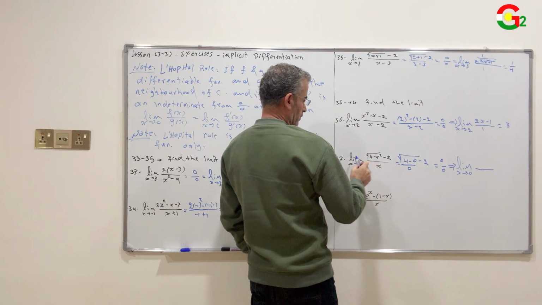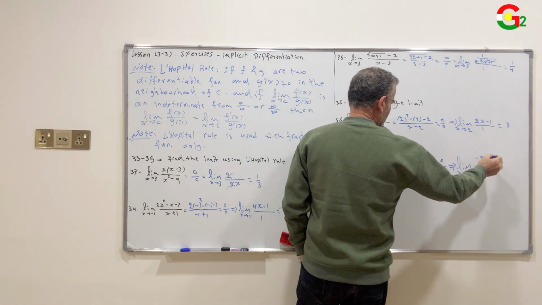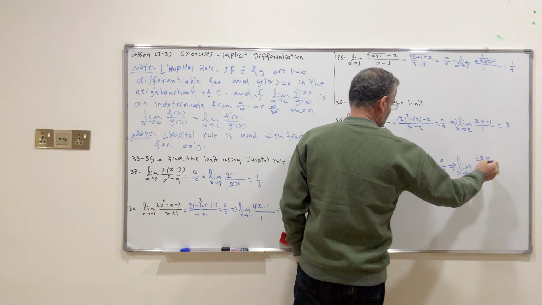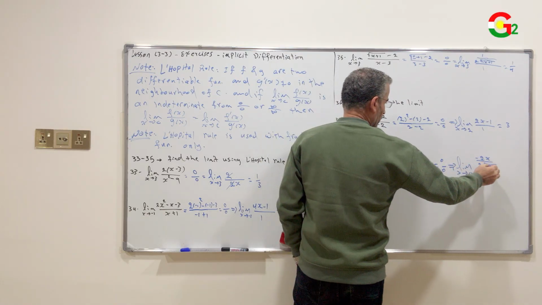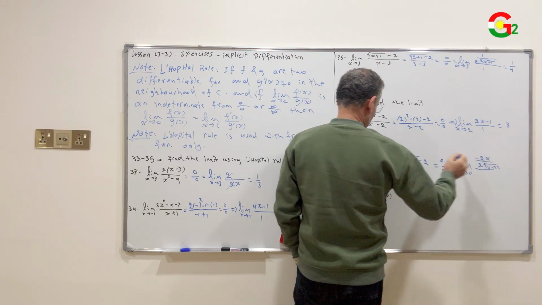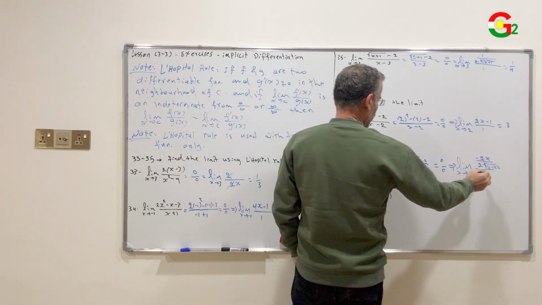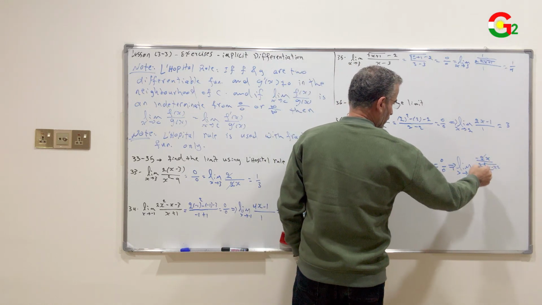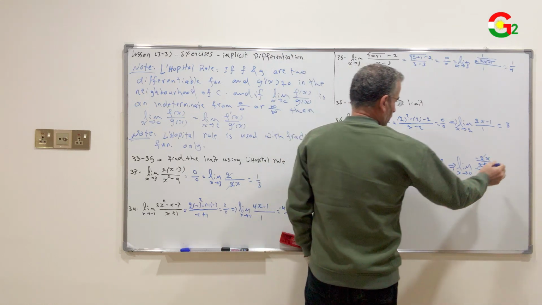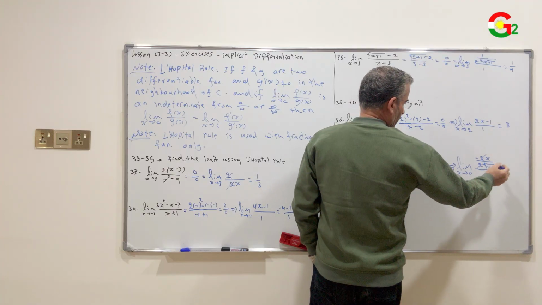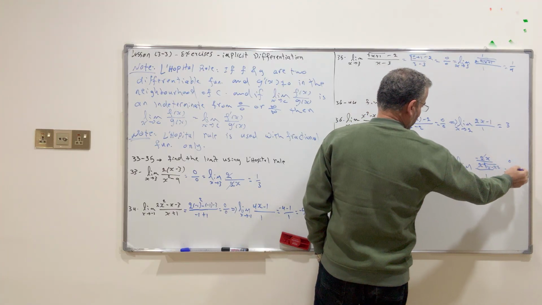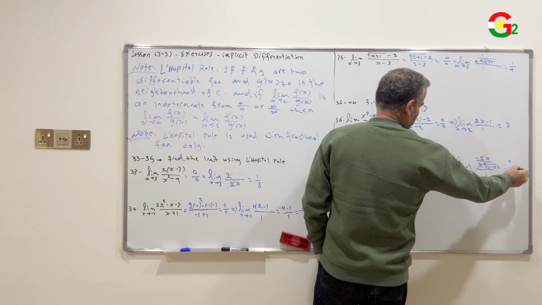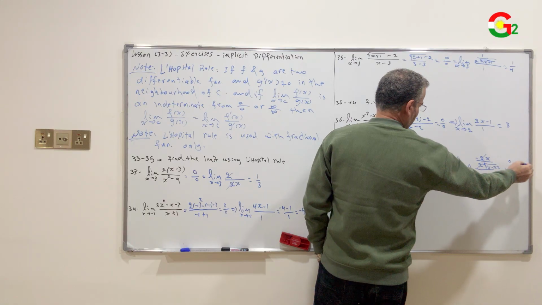Differentiate the root: negative 2x over 2 square root of 4 minus x squared, minus 0 over 1. Reduce 2 with 2, equals 0 over 4 minus 0, 4, square root of 4, 2, equals 0.